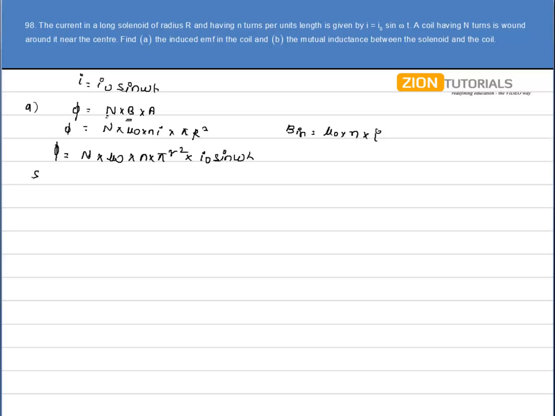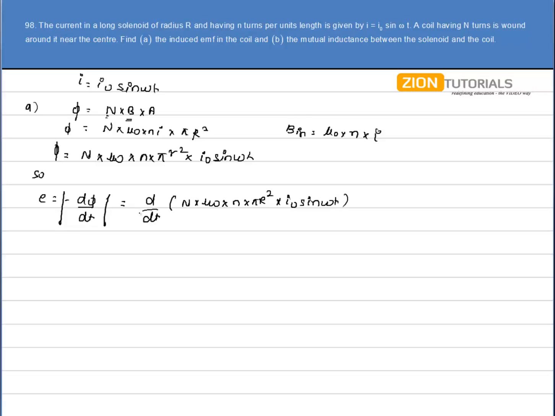So EMF is given by minus d phi by dt. If we talk just about magnitude, then it's the modulus. So I have d by dt of N into mu naught into n into pi r square I naught sine of omega t.